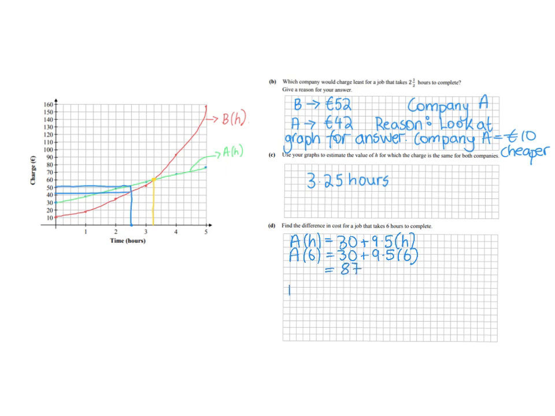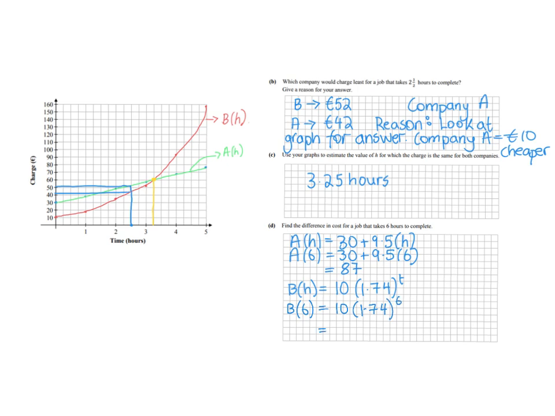And then we need B of H, and B of H is equal to 10 by 1.74 to the power of H. Figuring out what a job for 6 hours would be, B of 6 is equal to 10 by 1.74 to the power of 6.